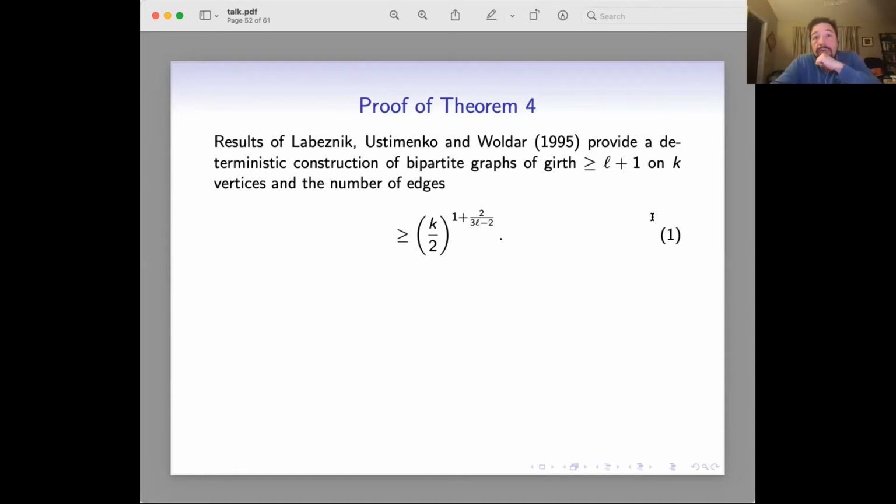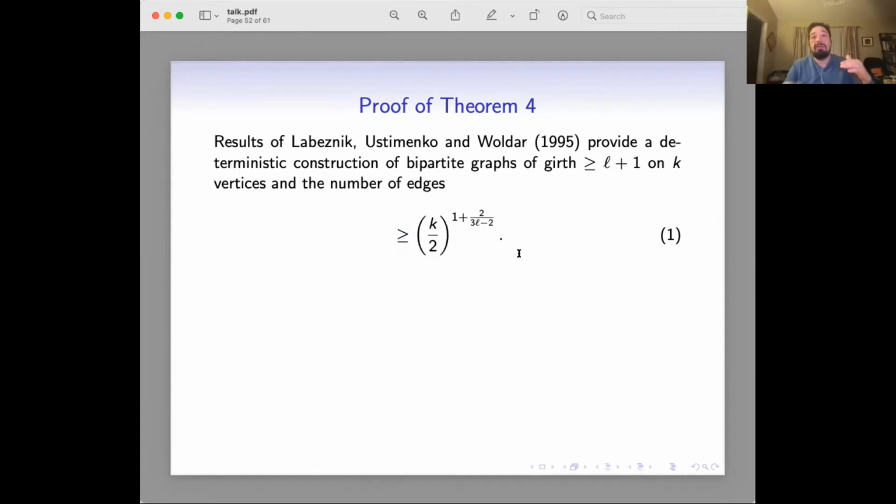They provided deterministic constructions of graphs of girth at least L plus 1 on K vertices so that the number of edges is greater or equal than this.